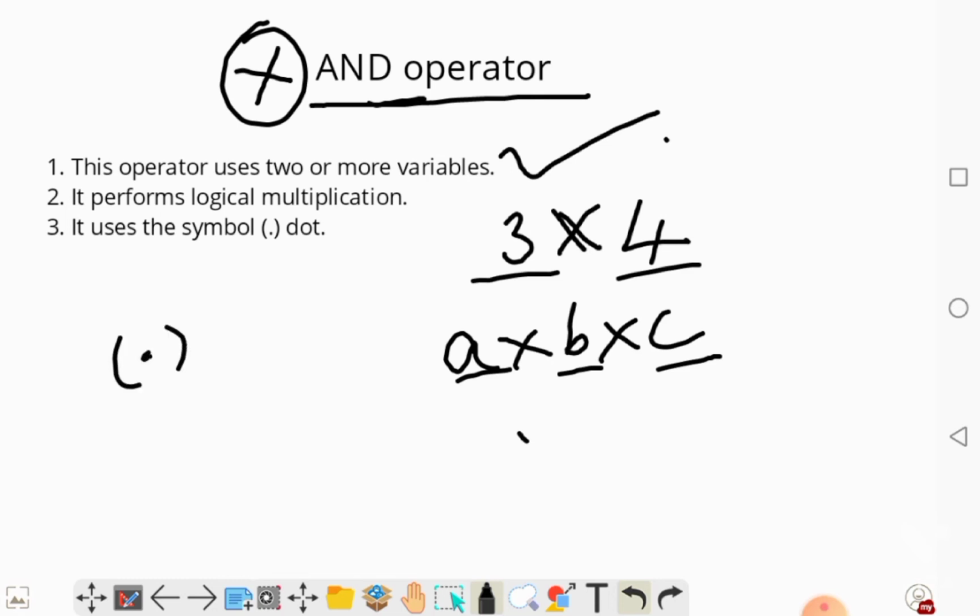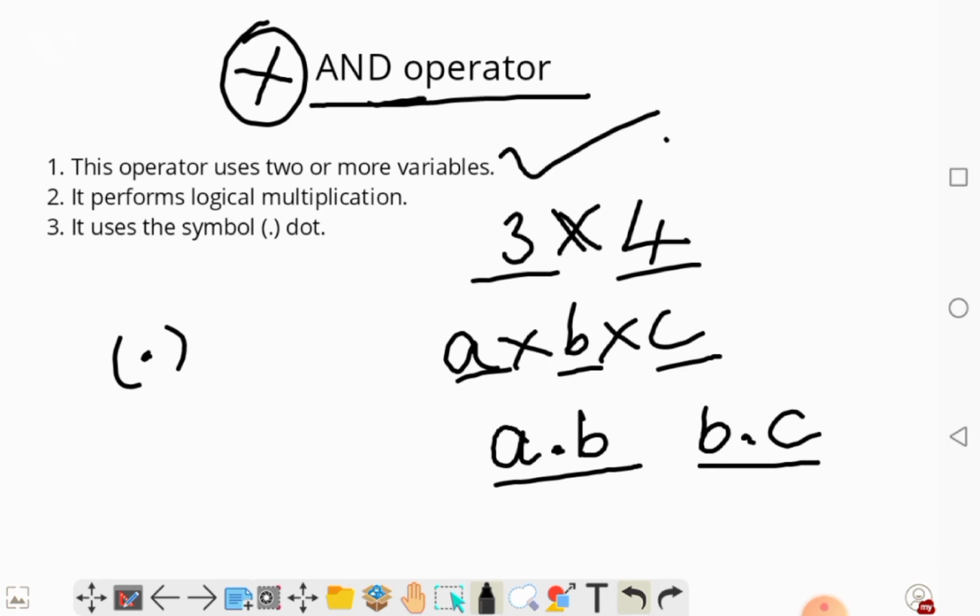If we have to say a and b, that is a dot b. b and c means b dot c. Here we are using the symbol dot. It means we are performing the logical multiplication.